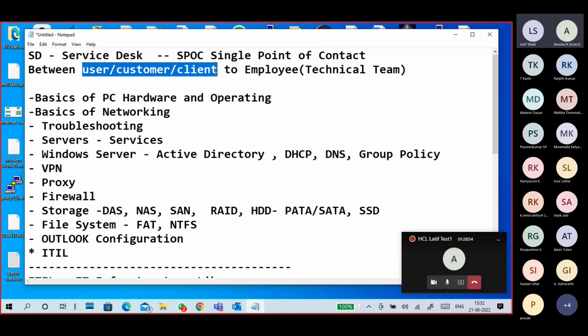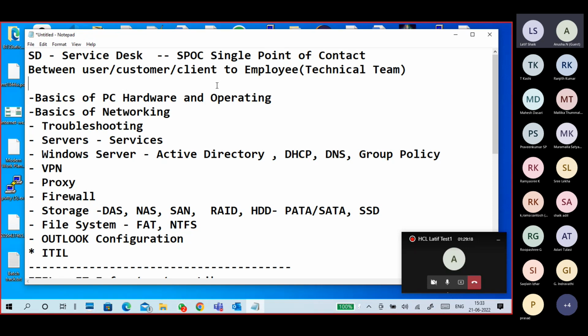Like you are a level 0 service desk candidate. So it's the initial support only. We'll take some information, and then try to escalate. If it is not solved, then we escalate to L1 or L2 directly.